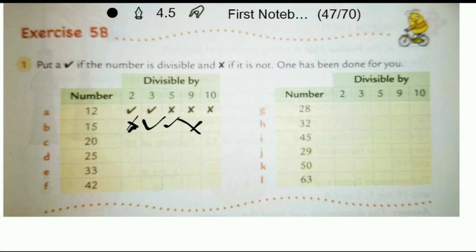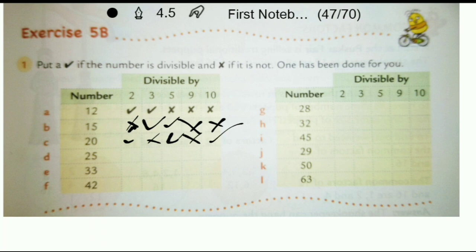No. 15 can go by 10? No. 20. 20 can go by 2? Yes, because the last digit is 0. Then 2 plus 0 is 2 only and 2 will not come in 3 table. 5: 5 fours are 20. Yes. 9: No. 10: Yes. Like this we have to do.